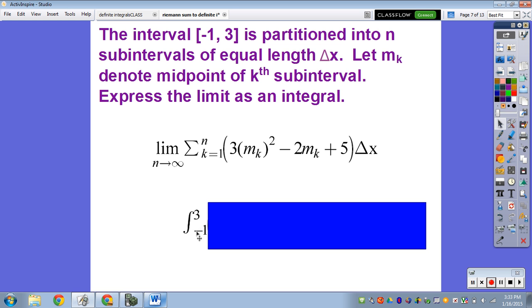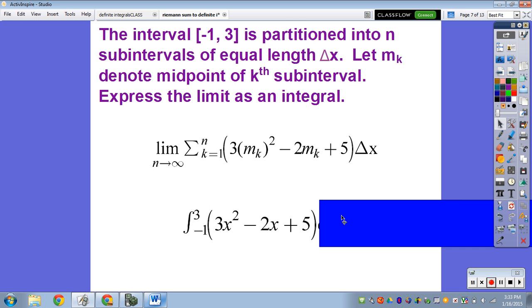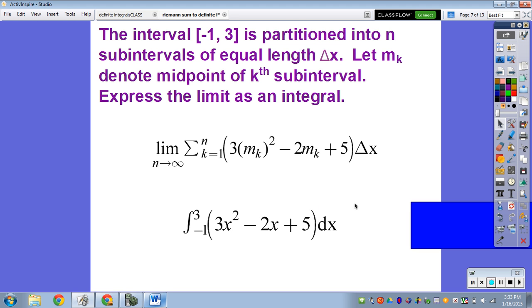My limits of integration, -1 to 3, that's our interval we're integrating on. And the function f of x would be simply what's written here, but instead of m sub k, it would just have x. And then instead of delta x, you would have dx. So it's a really easy transition from sigma notation to integral notation.